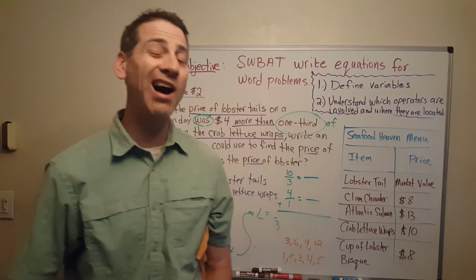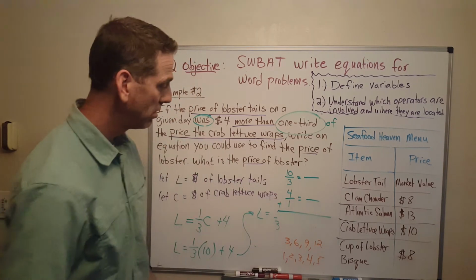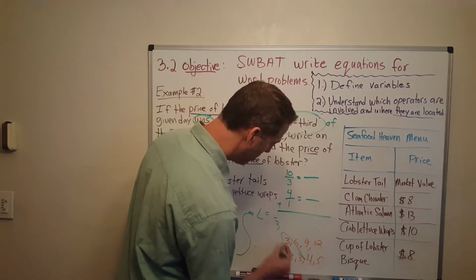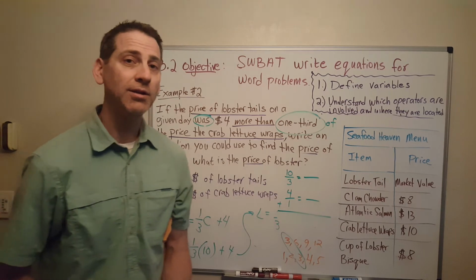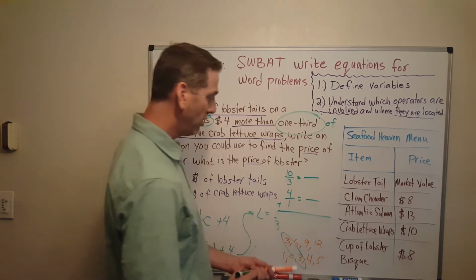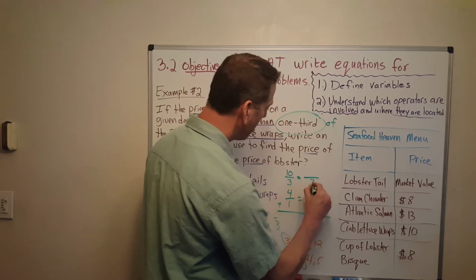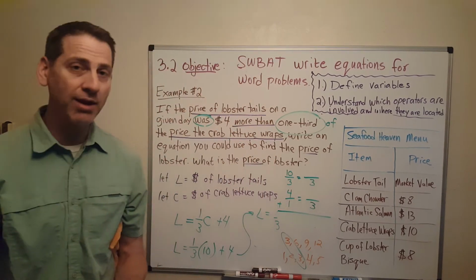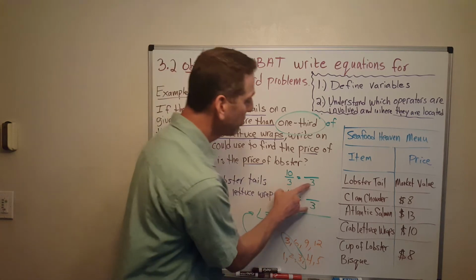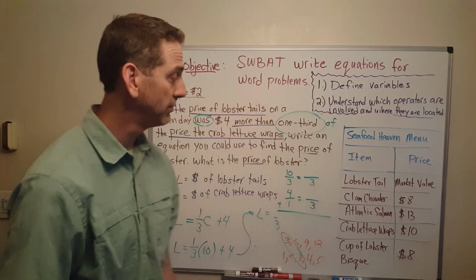What's the least common multiple? You guessed it, it's 3. All right? So what I'm going to do is put a 3 on both denominators because they both share a 3 in common when it comes to multiples.